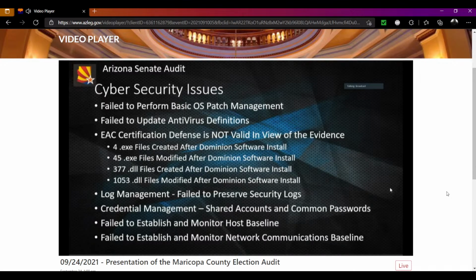The next item there is credential management. This is probably the most offensive item on this list to me because it carries such a huge impact on the securability of a system. What we found is that for the election management system, the adjudication systems, the ICCs, and all of the voting-related systems, they all shared a common password for both user accounts and for administrative accounts.